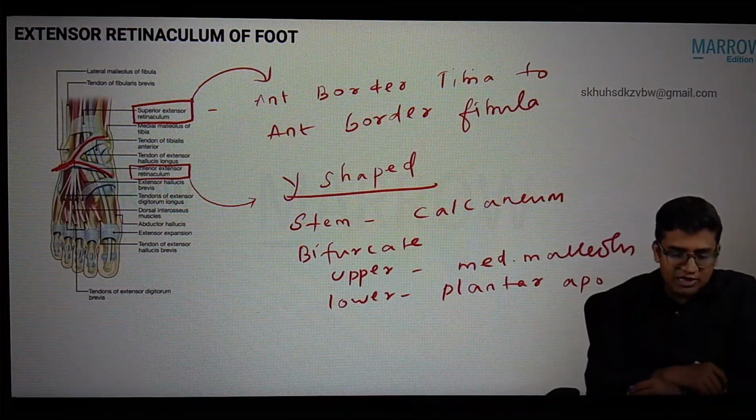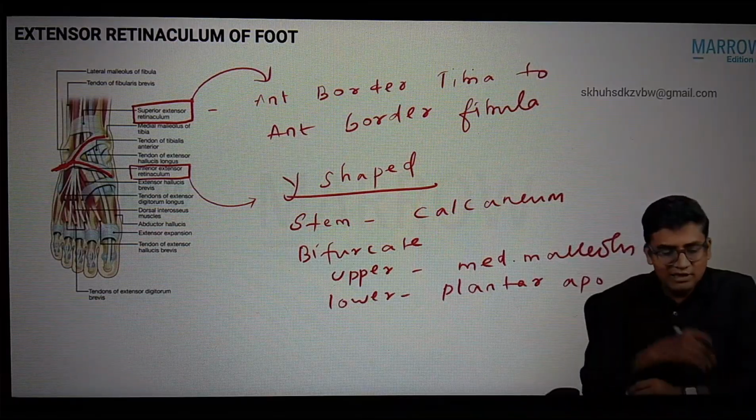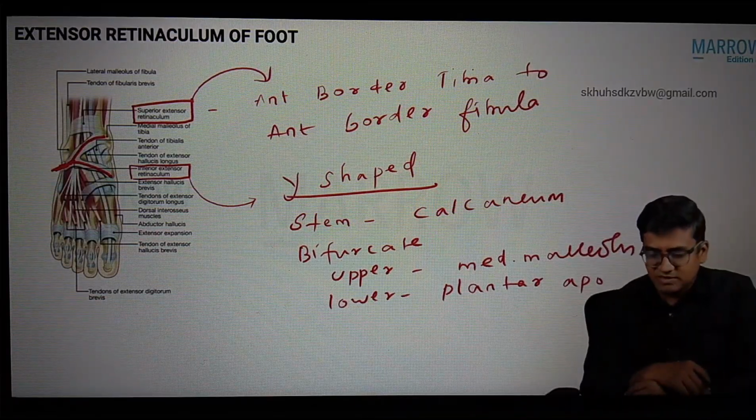So these are the 2 extensor retinaculum bands we have in the anterior compartment of leg. Below these only, the muscles of the anterior compartment pass through.